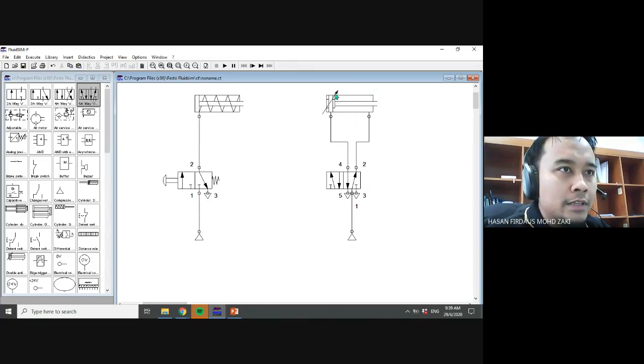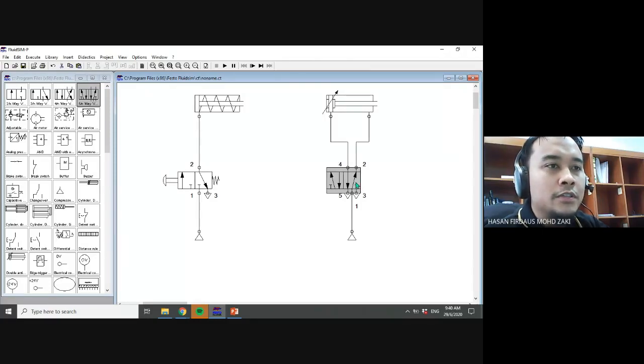The double acting cylinder, because it has 2 ports, needs a DCV or control valve with 2 ports at the top. So either you choose a 4 two-way valve or a 5 two-way valve to control. Did I answer your question?